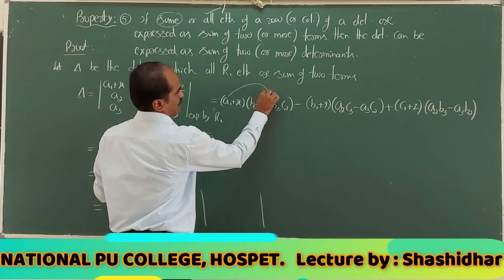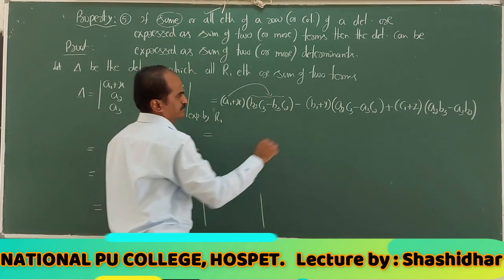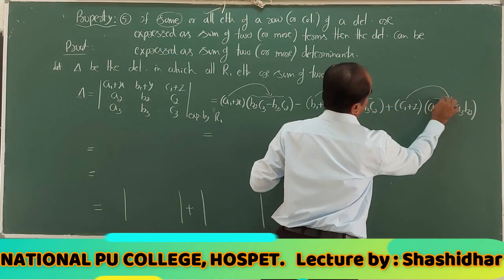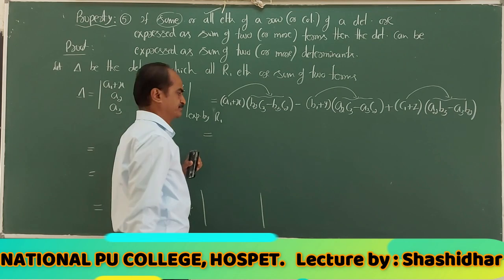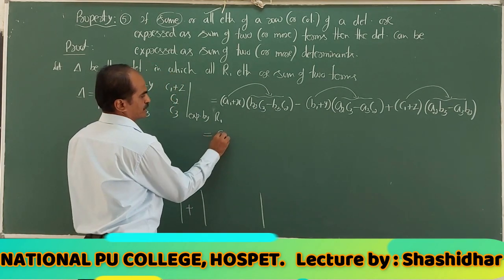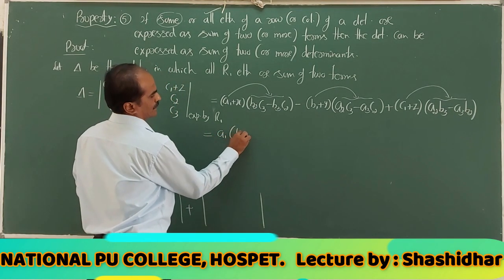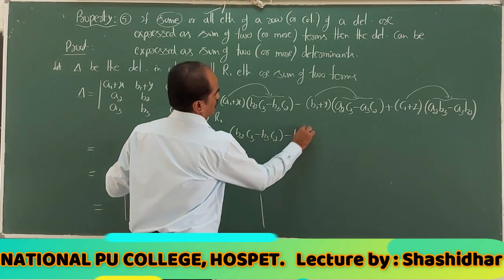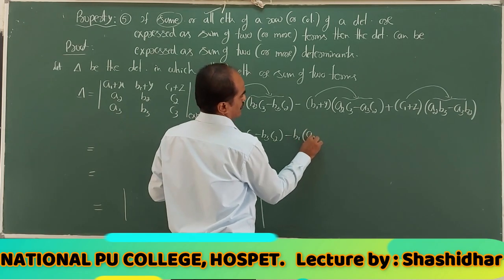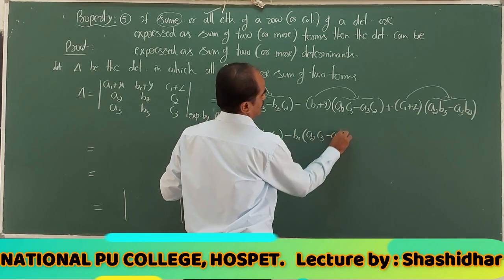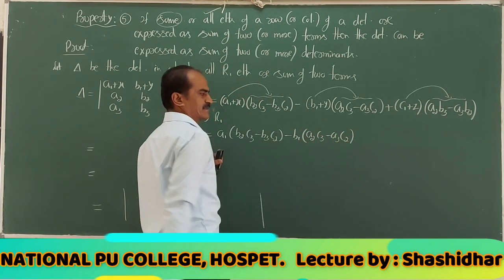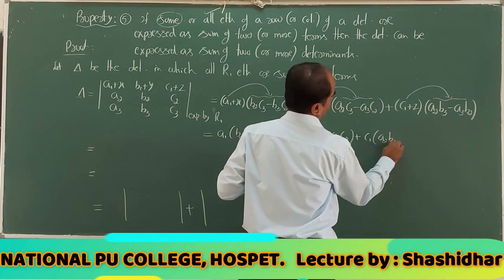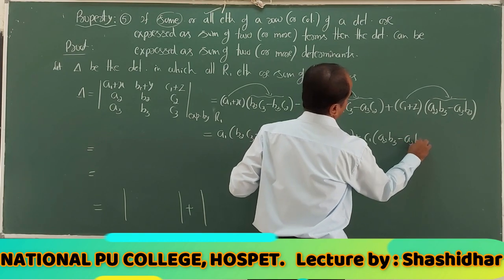first I multiply this expression by A1, then with minus B1, then with C1, and make it one group. The first group is A1 into B2 C3 minus B3 C2, minus B1 into A2 C3 minus A3 C2, plus C1 into A2 B3 minus A3 B2.